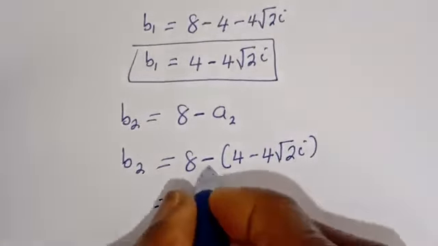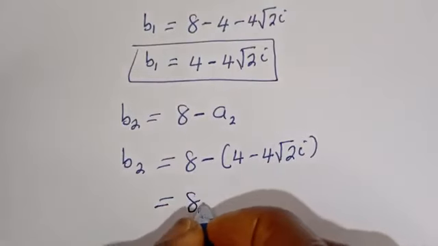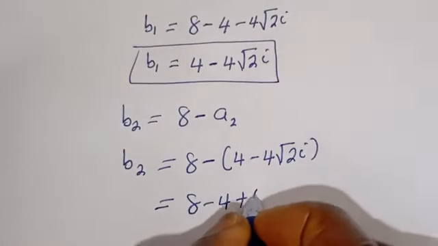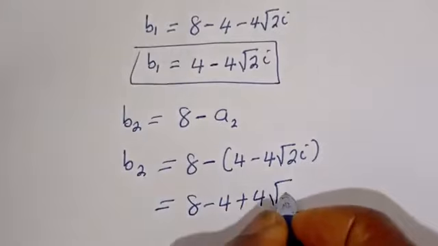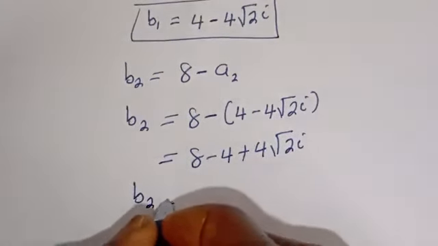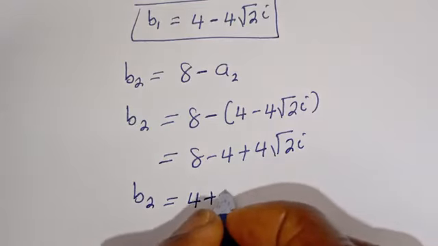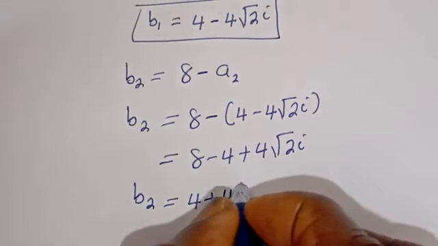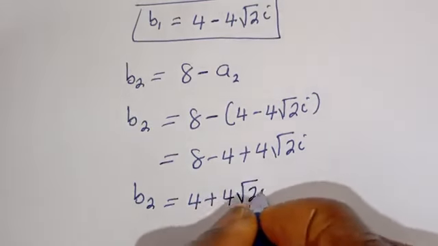This is equal to 8 minus 4 plus 4 square root of 2I. Then B2 is equal to 4 plus 4 square root of 2I.